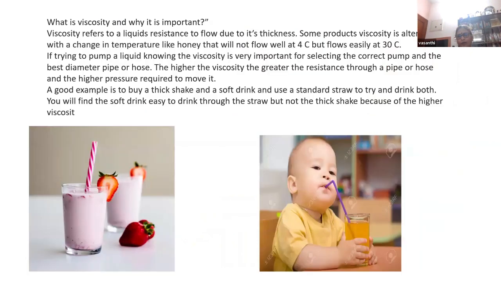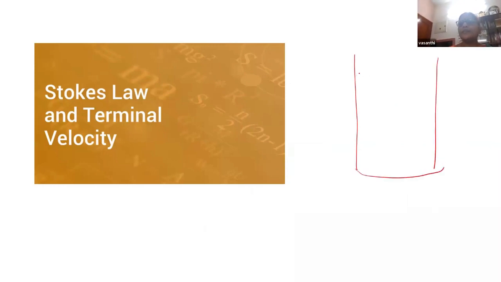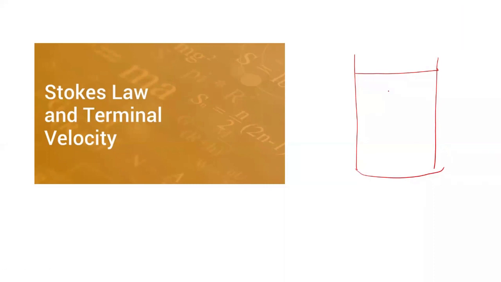So what concept do we teach in terminal velocity? Tell me, what is the terminal velocity? It's a constant velocity, ma'am. It's a constant velocity acquired by a body when it flows through a viscous medium.